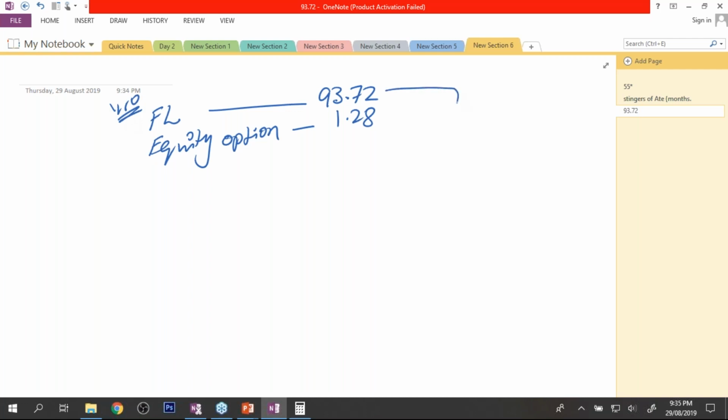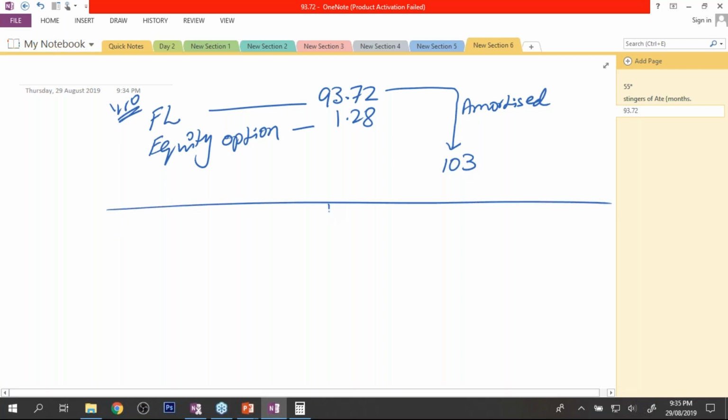And then we amortized the financial liability to 103 in the table. Is it clear so far that we initially recorded the liability at 93.72, which we amortized to 103? The equity option remained over there.